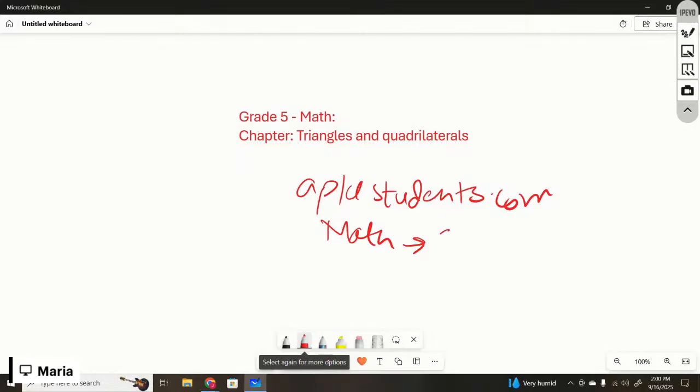Scroll down to grade 5 math. View all lessons. There you can find the rest of the chapters. We're going to start with the chapter triangles and quadrilaterals.